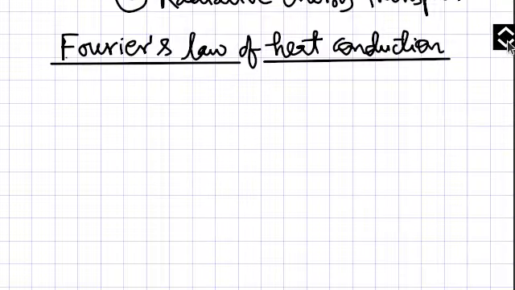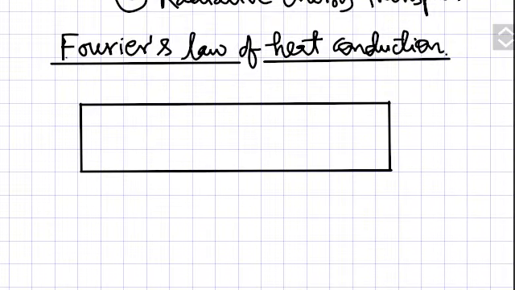Here also we can understand it this way: you take a slab of some material, that is, this is a slab. It can be any material, it can be metal, or some other material also. At the start, when you are just starting your experiment, the temperature everywhere is T0, and when you start the experiment at t equal to 0, you increase the temperature of this face of the slab to T1.